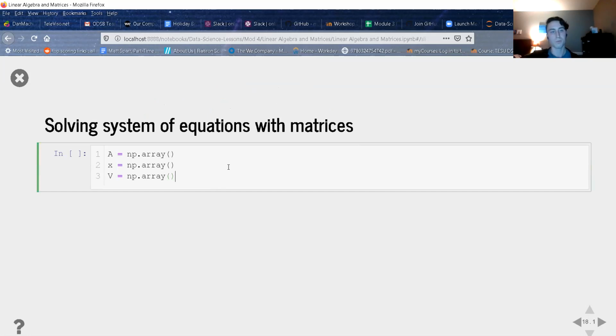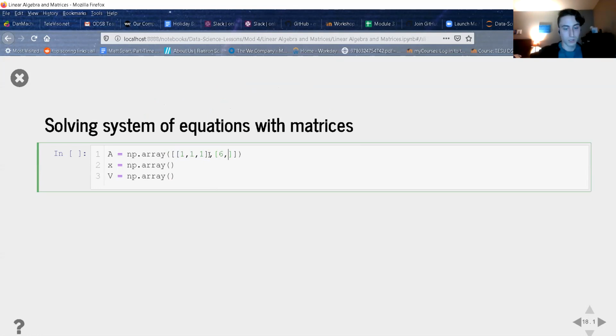All right, so now we're going to see how we solve systems of equations with matrices. So let's create some matrices here. Actually, we can go back to the first problem. So I think it was 1's across here. So this is going to be for the coefficients.